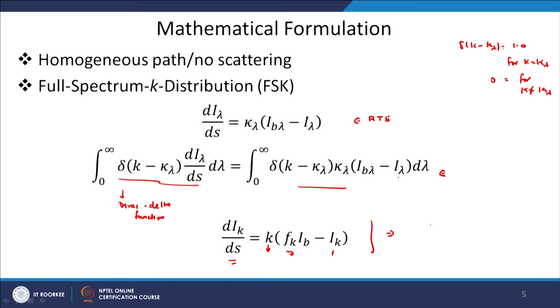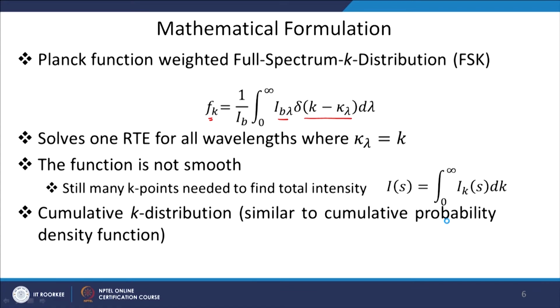Now, this is in k space. So, we have transformed our equation from lambda space to k space, and as I mentioned, the k space is also very erratic. So, we will not solve this equation in k space, rather we will solve in cumulative k distribution space, but the definition of the k distribution is given by this function Fk equal to 1 upon Ib times the integral from 0 to infinity of Ib lambda delta(k minus kappa lambda).